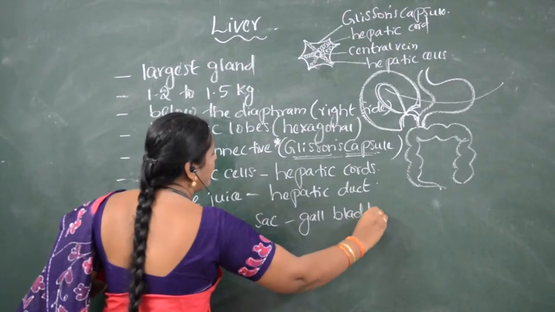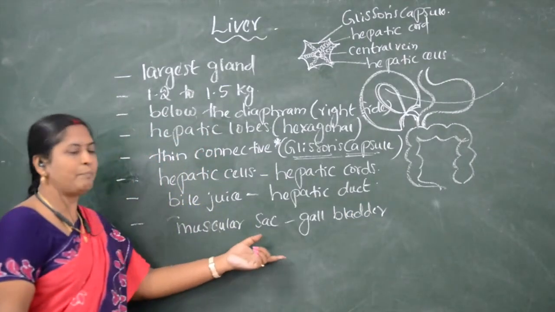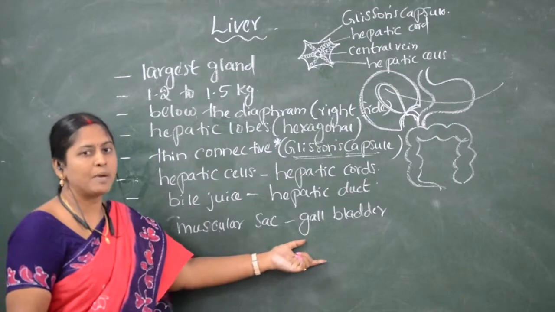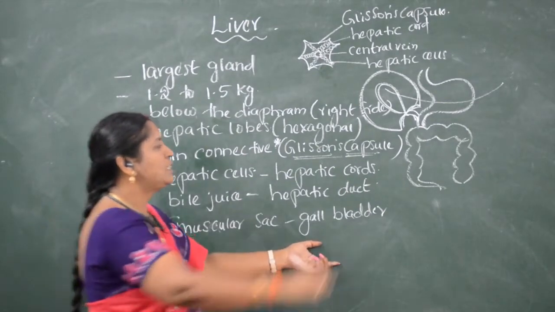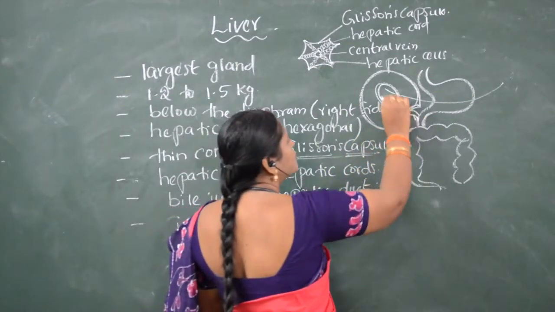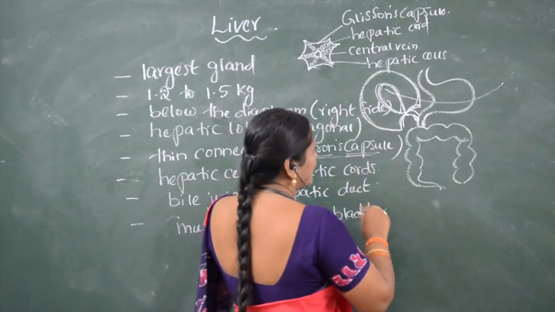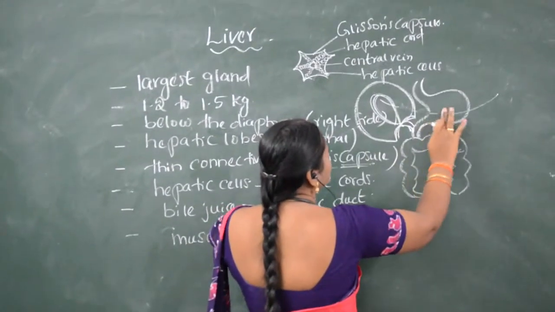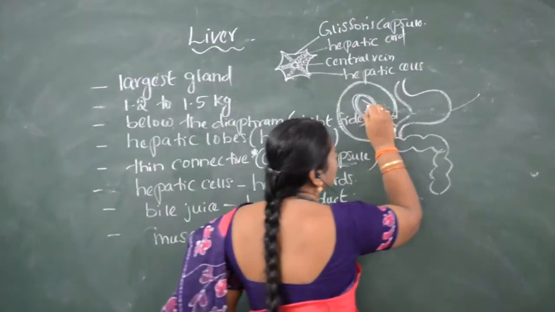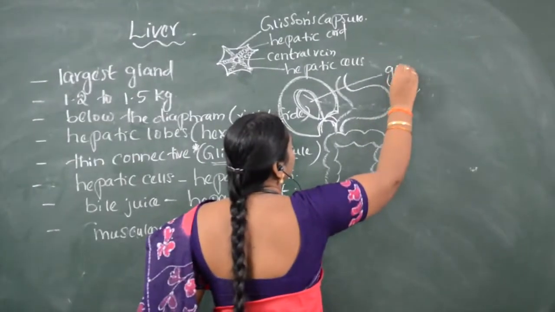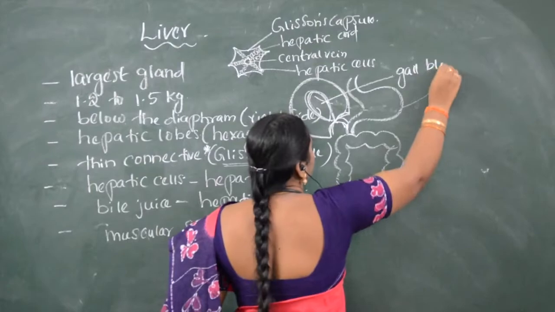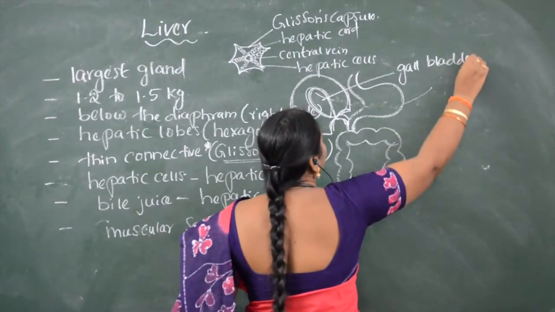What is the gallbladder? The gallbladder is a pear-shaped small muscular sac which is present between the lobes of the liver. What is stored in the gallbladder?